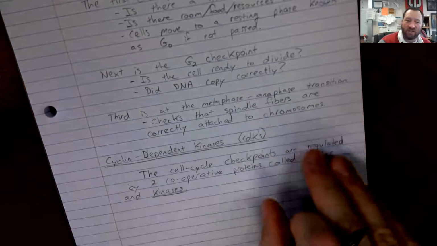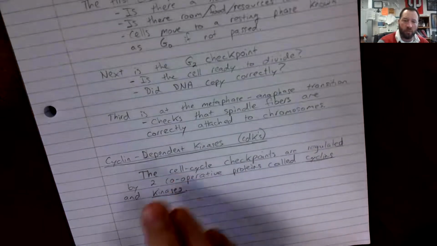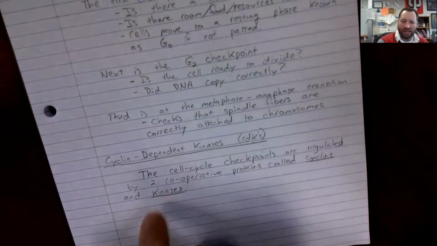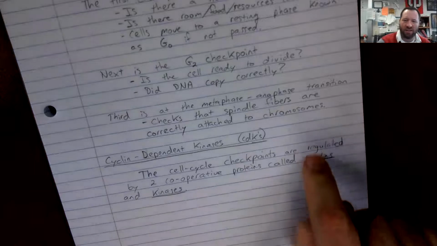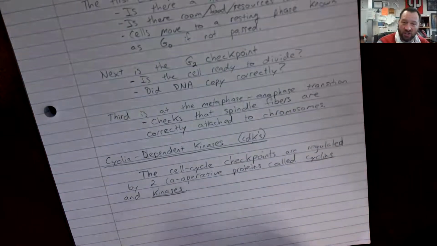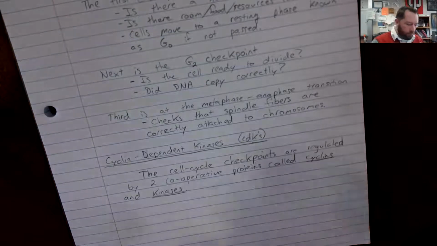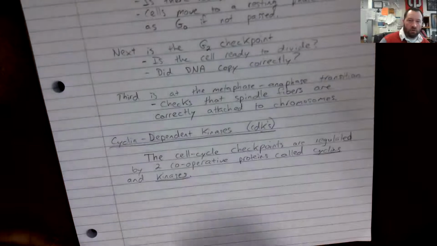So we've got kinases and cyclins, these two proteins that work together, they're cooperative. In fact, technically, kinase is kind of the big enzyme, the big protein, and cyclin is just a little cofactor that kind of fits in the kinase and makes them go. But both of them are there, and both of them are what keep the cell cycle running.